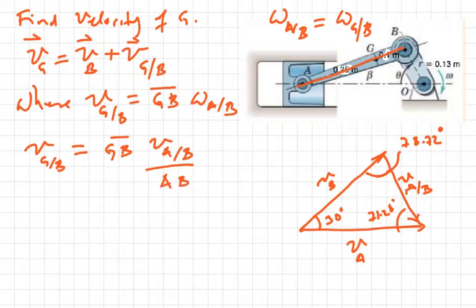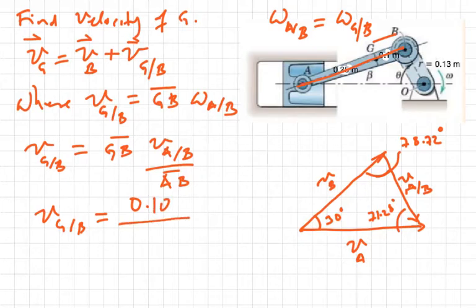So our VGB is equal to GB, which is 0.1 meters, over AB, which is 0.35 meters, multiplied by VAB, which we calculated to be 10.78.